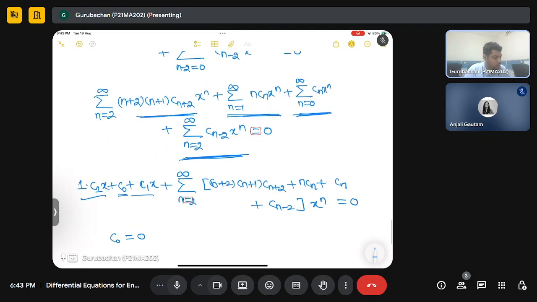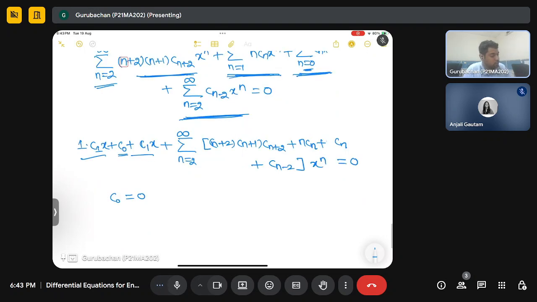I think we did something wrong here. If you put n equal to 1 here, it will give you 1 times C1. Here it will be n equal to 0, so for n equal to 0 it is C0. So it is correct.